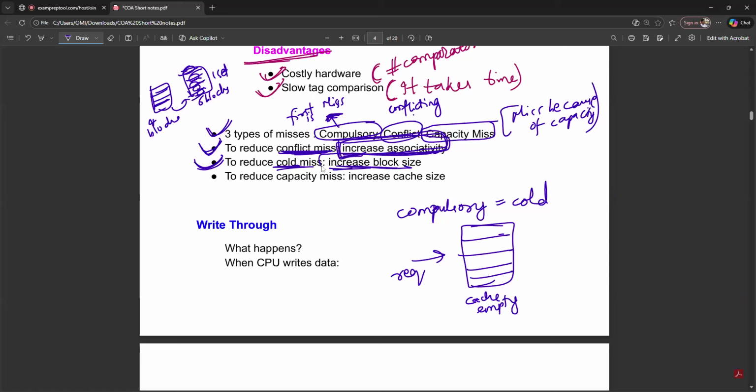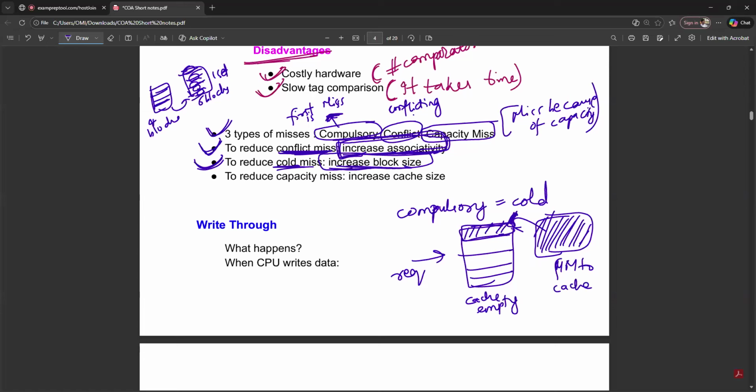But if you increase the block size, then much more content can come from main memory to cache, because a block comes from main memory to cache.